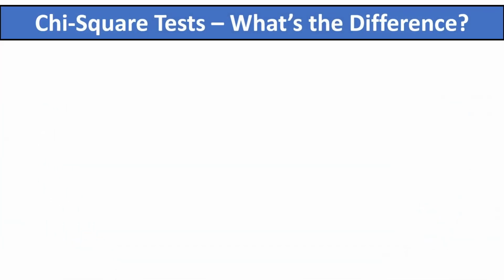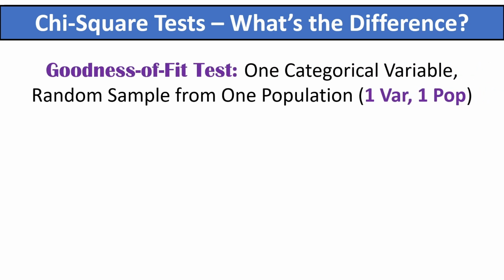Before we start looking at the chi-squared scenarios, let's just review once more the 3 chi-square tests that we learned. The first one is a goodness of fit test. The way to recognize when this scenario requires a goodness of fit test is you need to see that there is one categorical variable and there's a sample drawn from a single population.